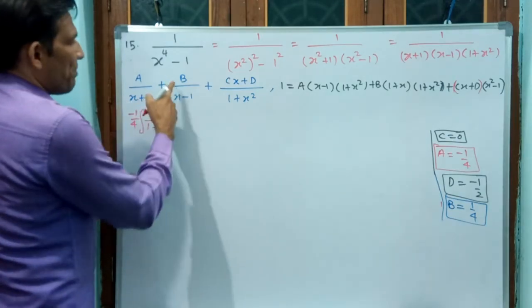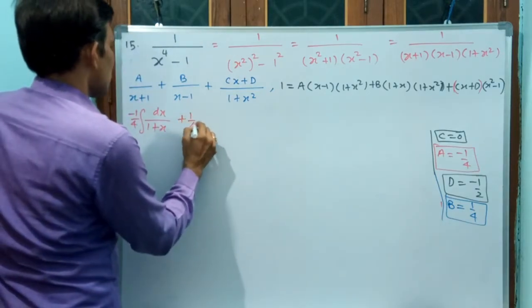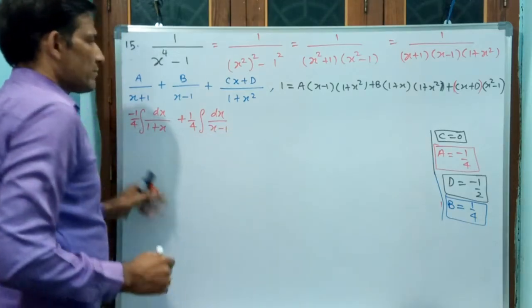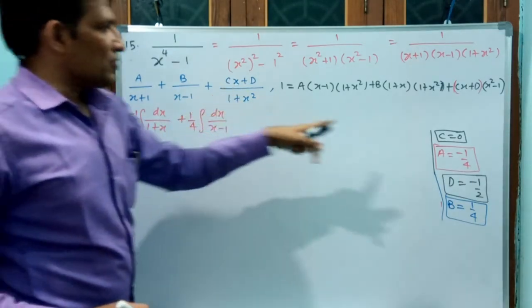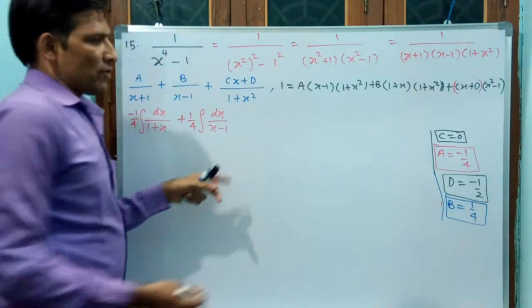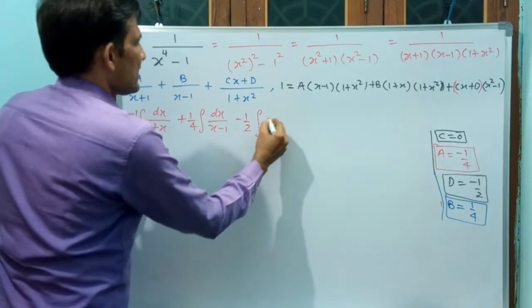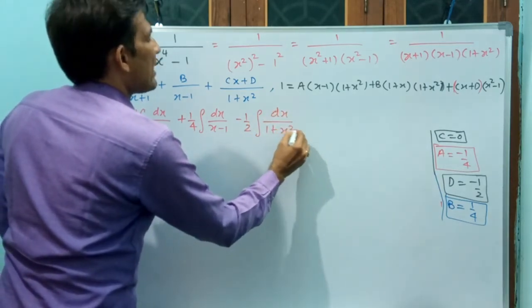B is how much? B is 1 by 4, plus 1 by 4 integral dx by x minus 1. Then plus cx is not there, because c is 0. Only d, which is minus 1 by 2: minus 1 by 2 integral dx by 1 plus x square.